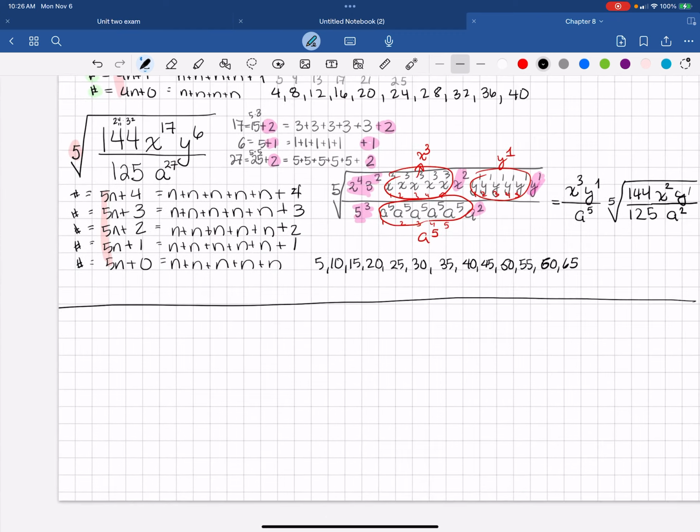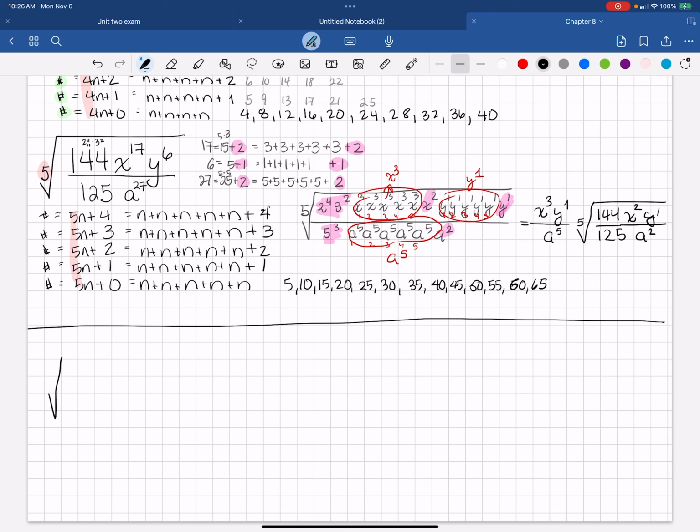Another thing you can do is if they give you a fraction, and you have 16x to the 5th, y to the 7th over 9x cubed, y to the 15th, you can first simplify.